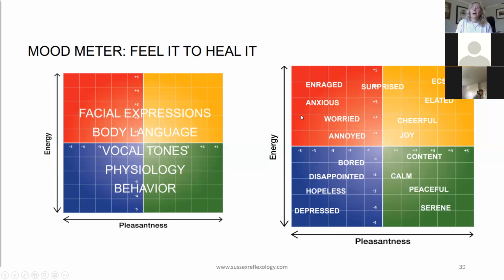Anxious is high energy, high unpleasantness. Cheerful is high energy, high pleasantness. And calm is low energy, high pleasantness.